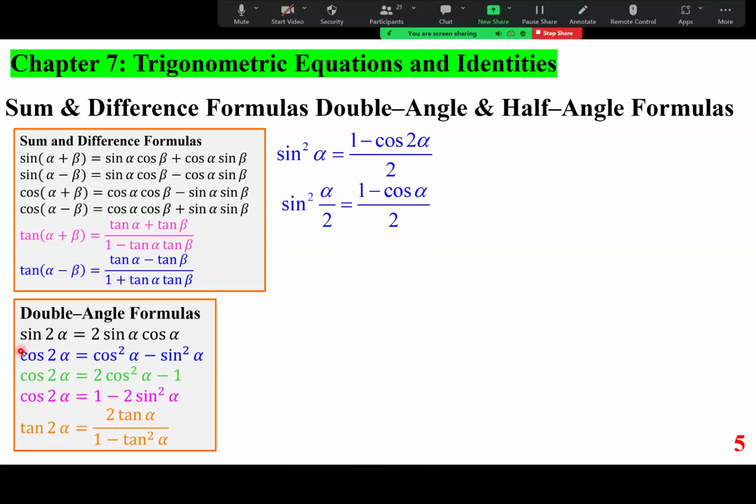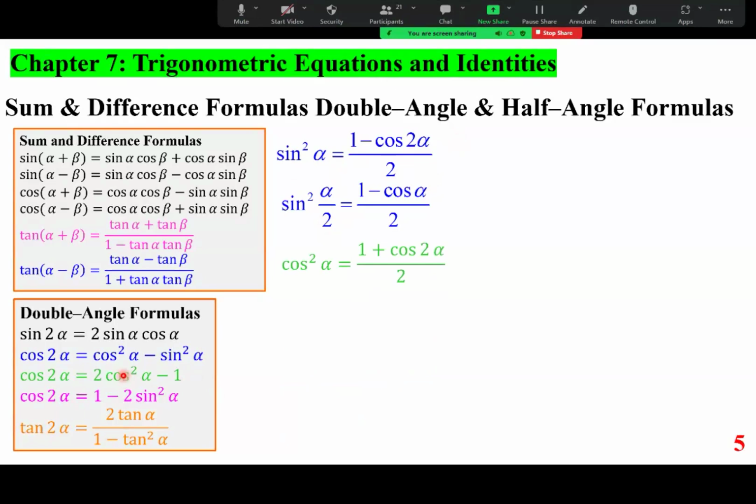So from here, we want to calculate sine squared of alpha. Okay, so from here, you get 1 minus cosine 2 alpha over 2. If you cut the alpha in half, you get alpha over 2, and this becomes alpha.